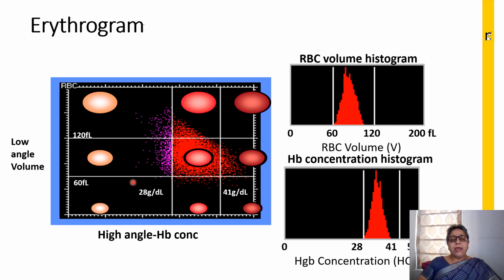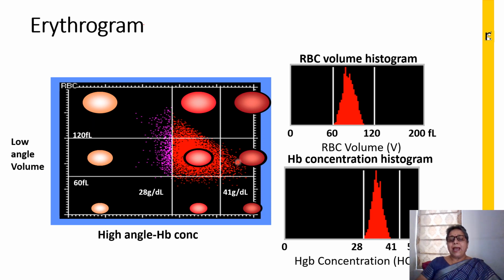So let's go back to the erythrogram, which we have become a little familiar with. When the volume of the red cell is plotted against the hemoglobin concentration of the red cell, you get a grid, which is the erythrogram, where you have the normocytic normochromic cells which occupy the center of the grid, and from hypochromasia, normochromasia to hyperchromasia, and the size of the cell goes on increasing.